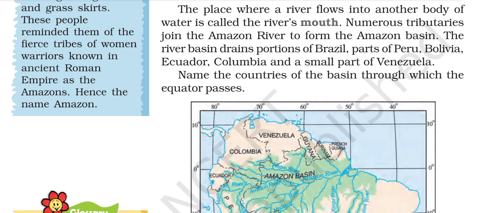The river basin covers the countries through which the river passes. These are Brazil, some parts of Peru, Bolivia, Ecuador, Colombia, and a small part of Venezuela. All these countries are covered by the Amazon river basin.